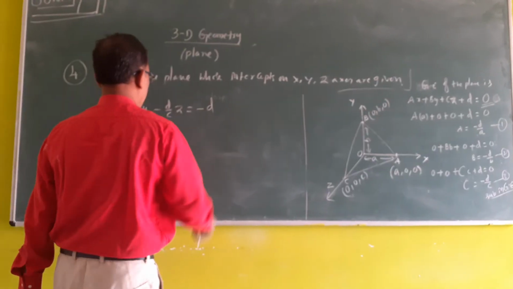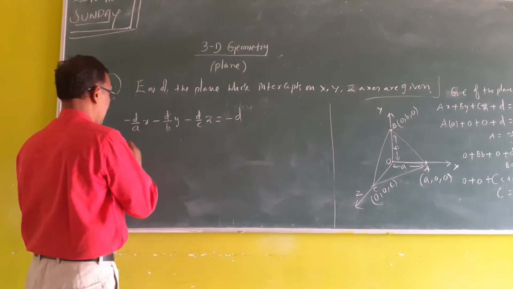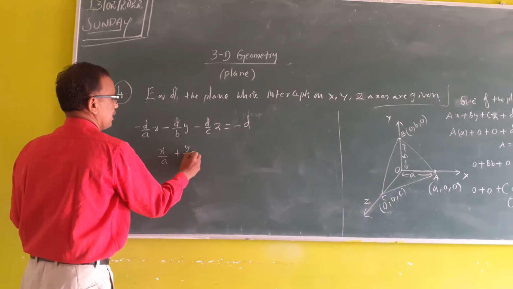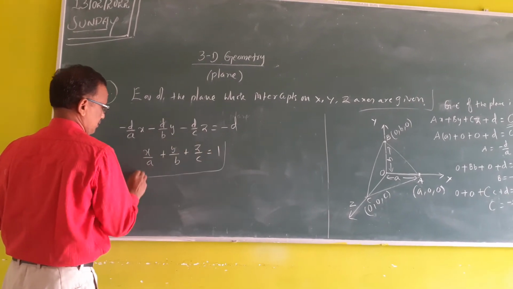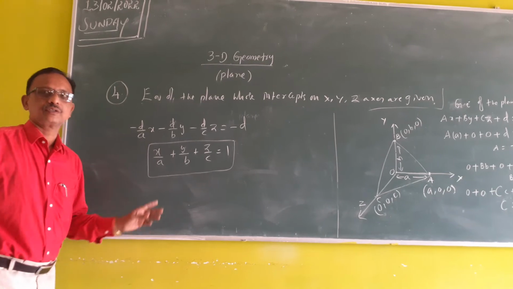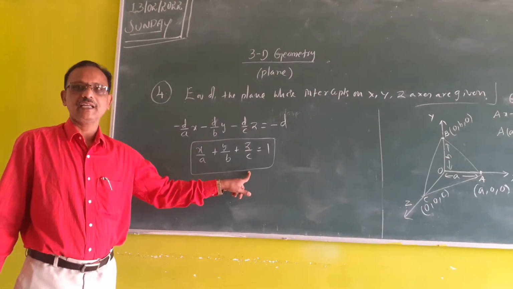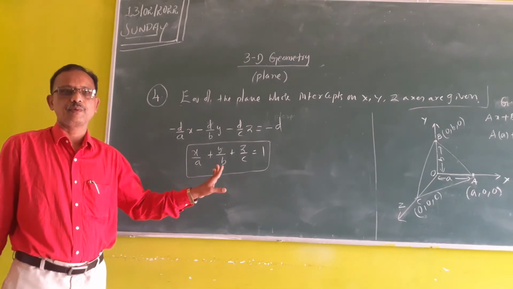Take d common, the d's cancel and the minus signs also cancel. So finally we get x by a plus y by b plus z by c equal to 1. So this is the equation of the plane where a, b, c are the intercepts of the plane.